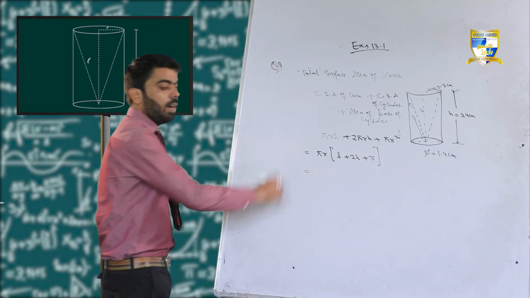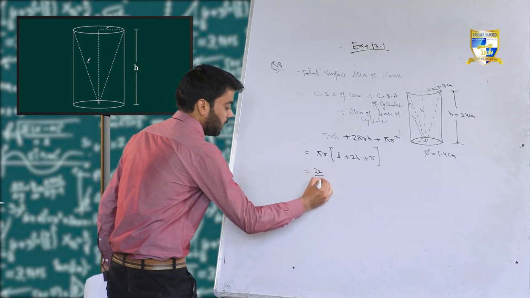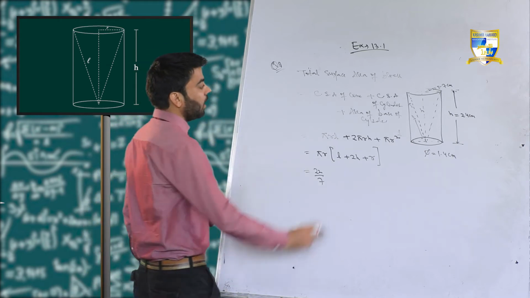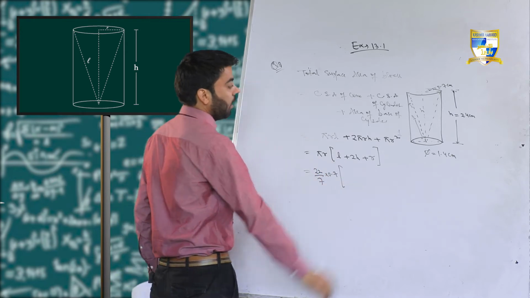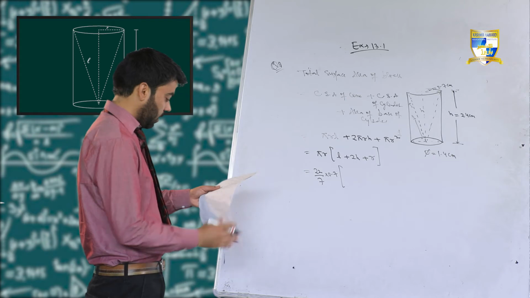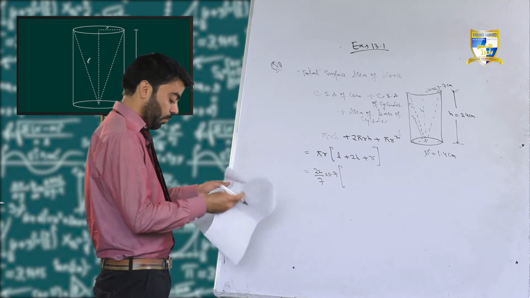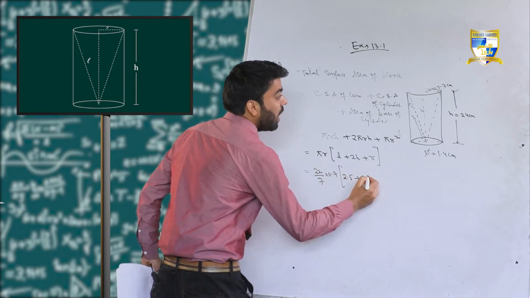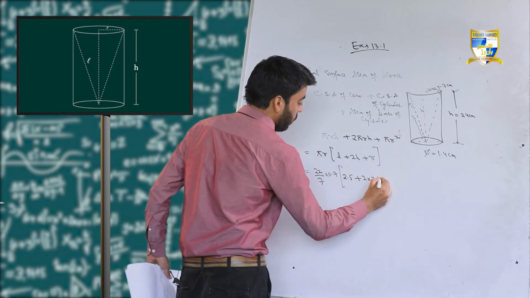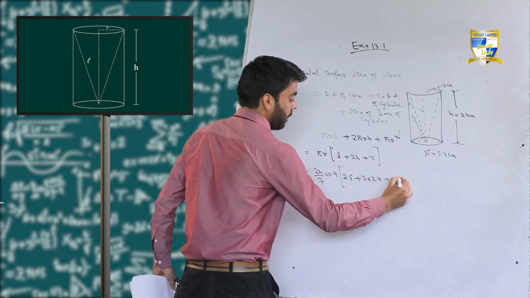Now put the values and get the answer. What is the value of pi? 22/7. What is the value of r? 0.7. Then l, we calculated, it's 2.5, plus 2 into h, which is 2.4, plus r, which is 0.7.